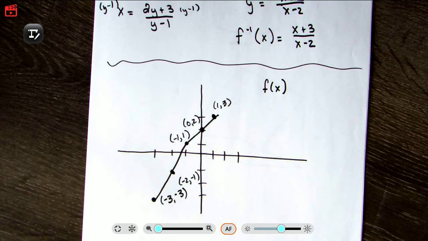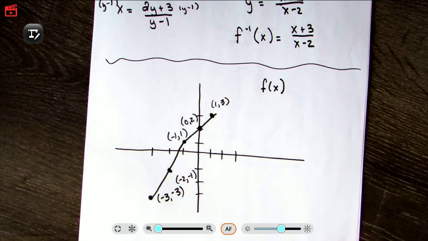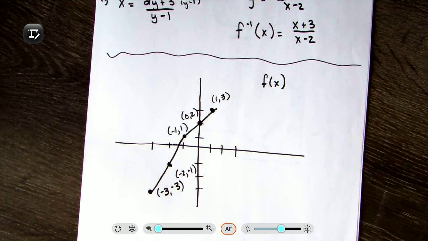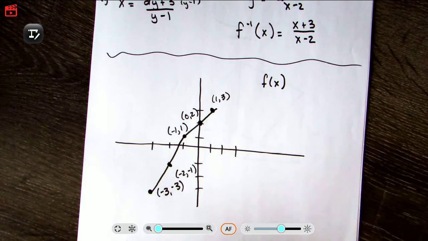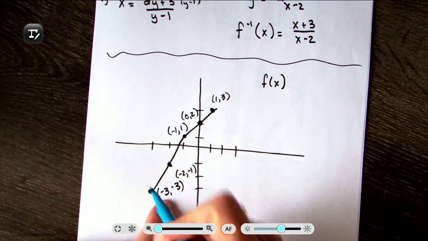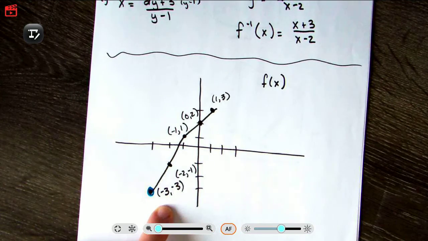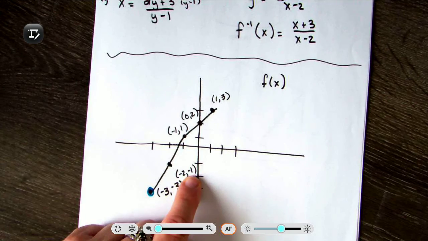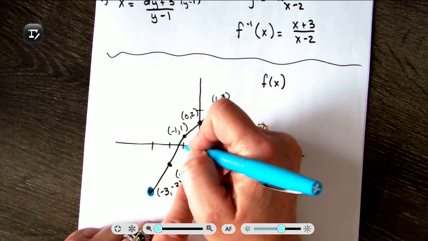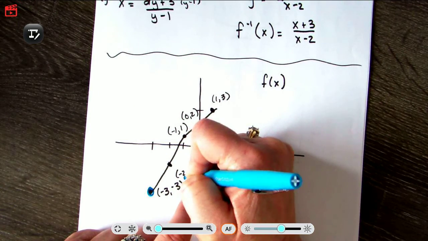And I want to remind you that when we're talking about the inverse function, the roles of x and y switch. So that's exactly what we're going to do, is we're going to take these points and reverse the x and the y. So our negative 3, negative 3, well, that's not very exciting. That's going to stay at negative 3, negative 3. This negative 2, negative 1 is going to become negative 1, negative 2.